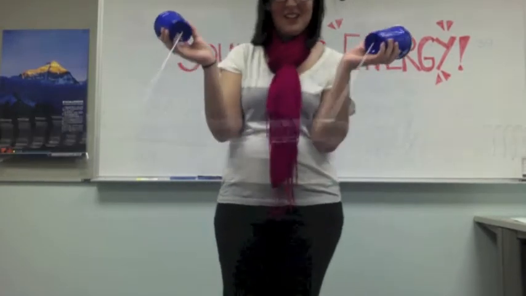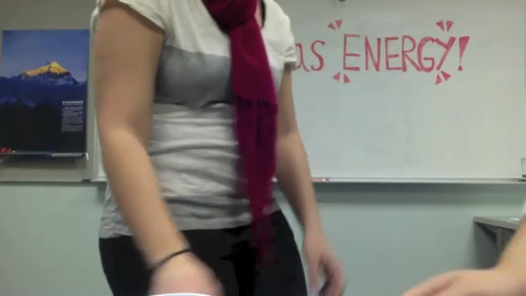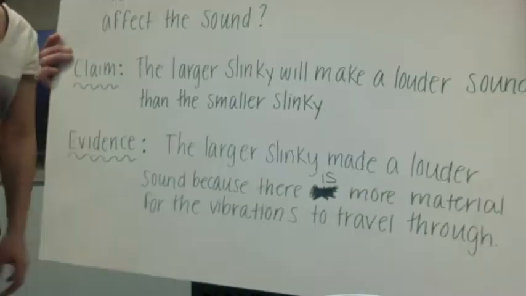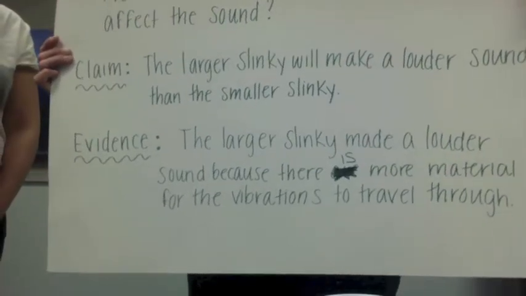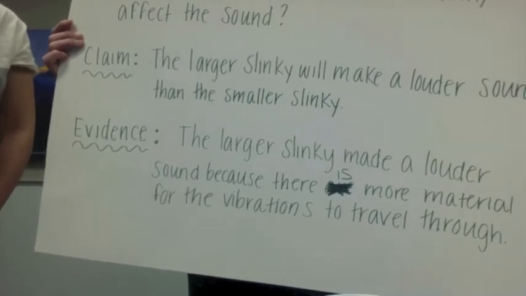It makes a significantly louder sound than the smaller slinky. So now we're going to go back to our poster and show you our evidence. Our evidence is the larger slinky made a louder sound because there is more material for the vibrations to travel through.